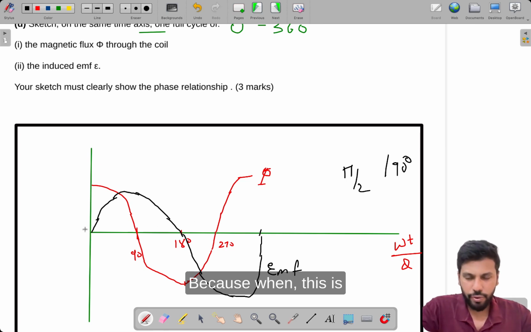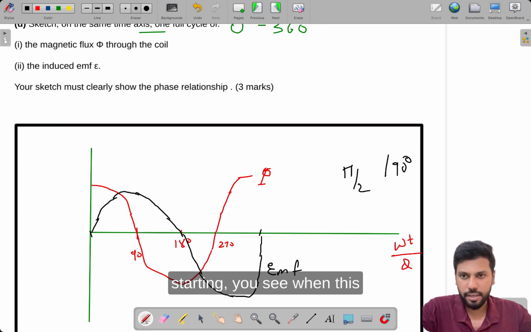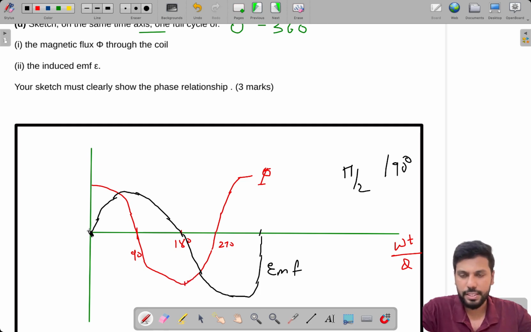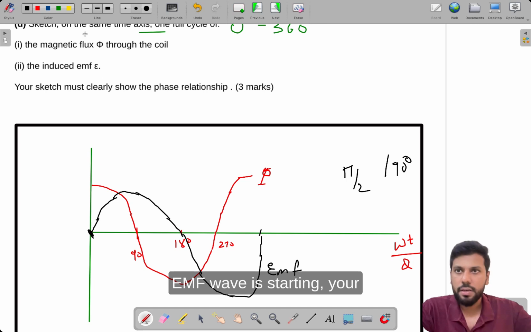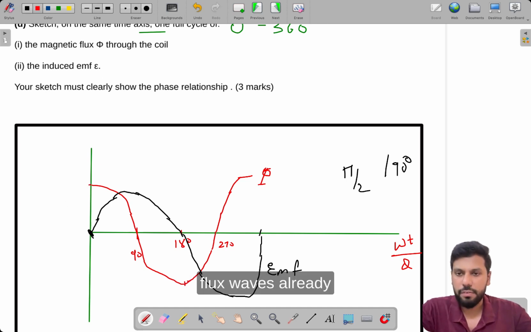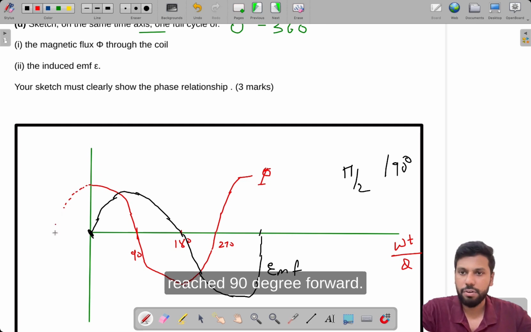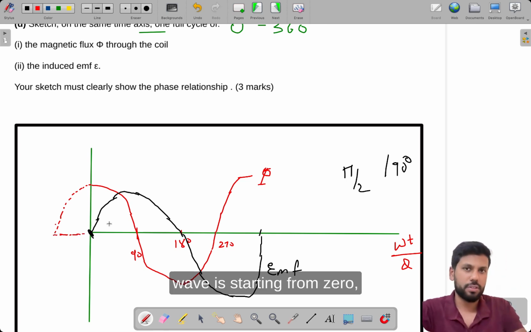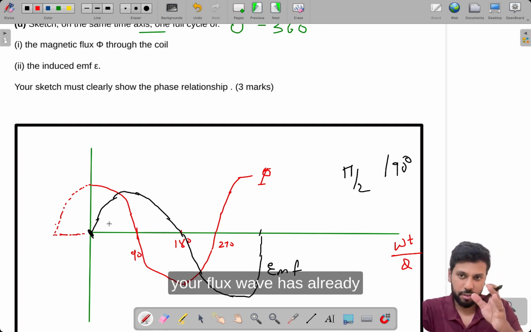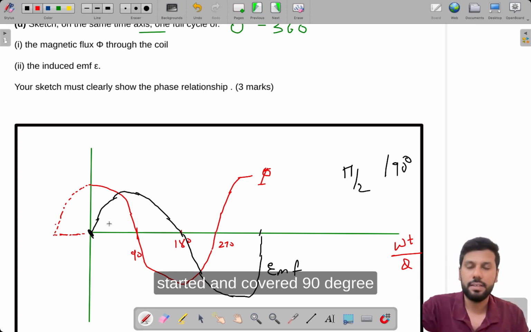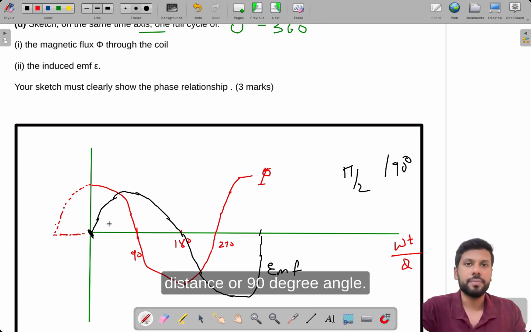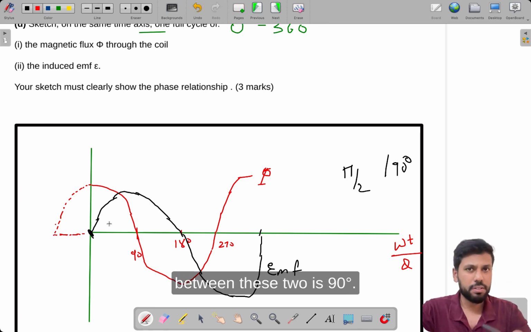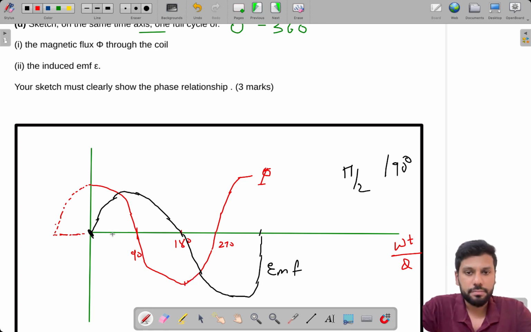Because when this EMF wave is starting from 0, your flux wave has already started and covered 90 degrees. So it means that the phase difference between these two is 90 degrees, right?